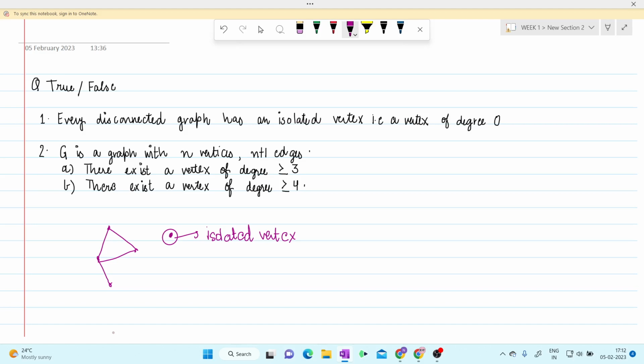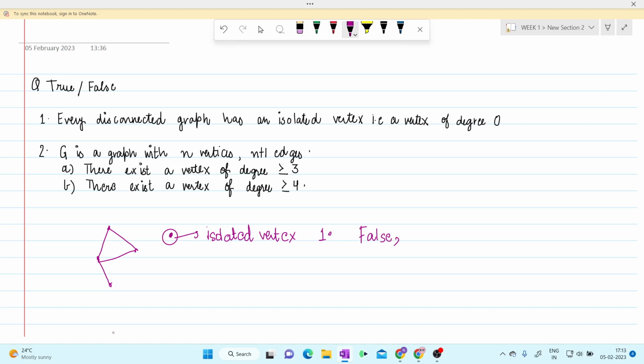False. Okay, so you are saying it is false. Why is it false? Can you give an example of a disconnected graph which has no isolated vertex? It is not necessary for it to have an isolated vertex, because you can have a two-component graph, and just add one more vertex there and connect it.